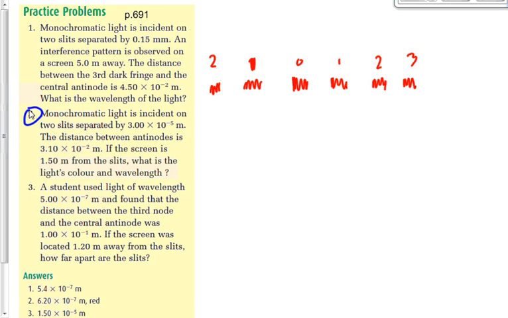Well, we'd see a central bright spot that consists of red and violet combined. Let's just say yellow, okay? It's white light, or it's red and violet combined. What would we see next to it? We'd see all the violet bright spots. Then what would we see?